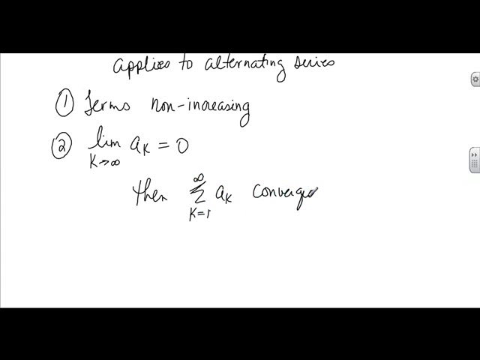So for any alternating series, if the terms are decreasing and the limit of the kth term is 0, then we can conclude that the series converges.